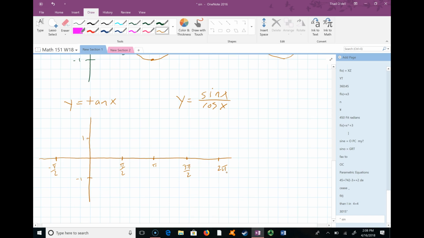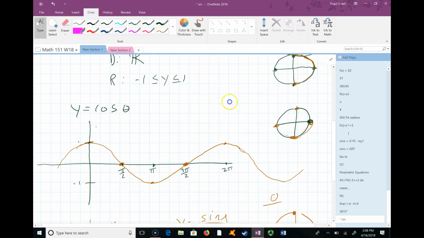Okay, so let's start thinking about this. So when sine is 0, okay, so here's my unit circle. It might be helpful to see these values or just think about the sine curves. Well, anytime sine is 0, notice that the overall fraction is going to be 0 because 0 over anything other than 0 is 0.